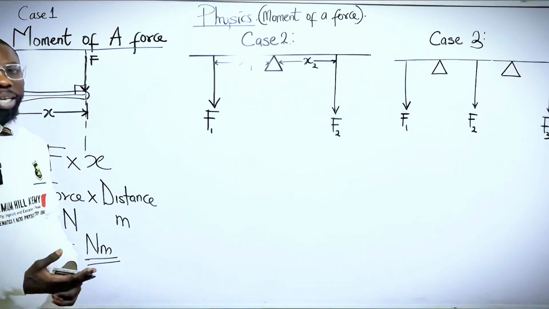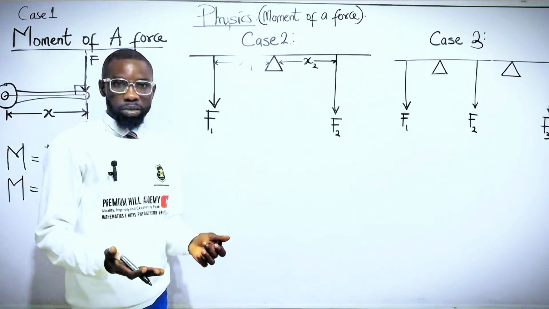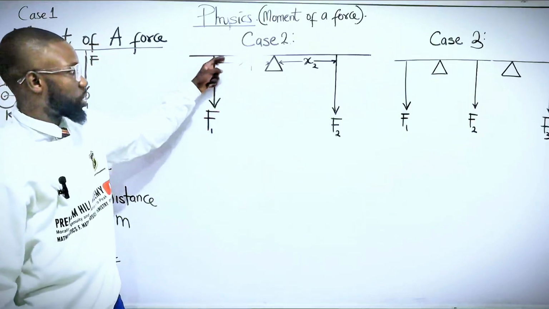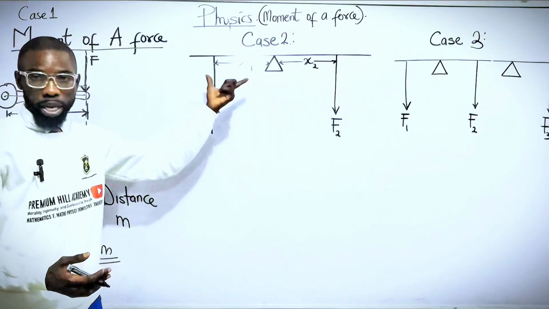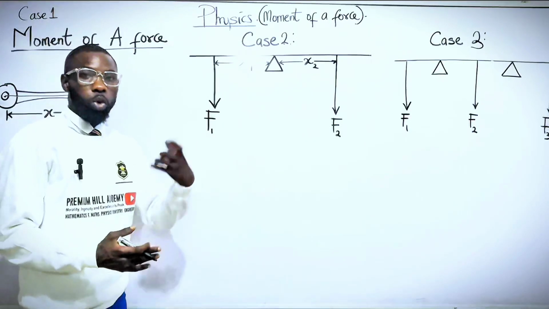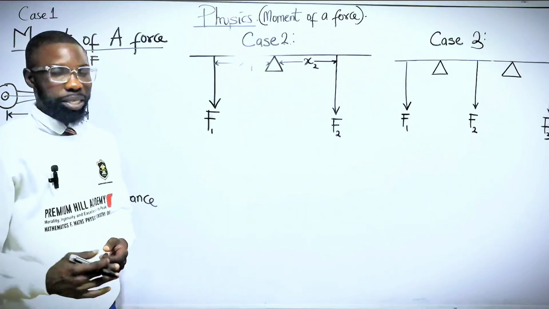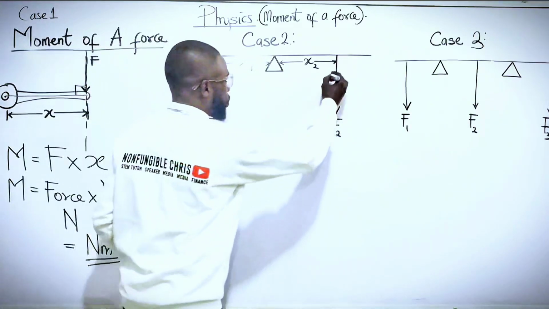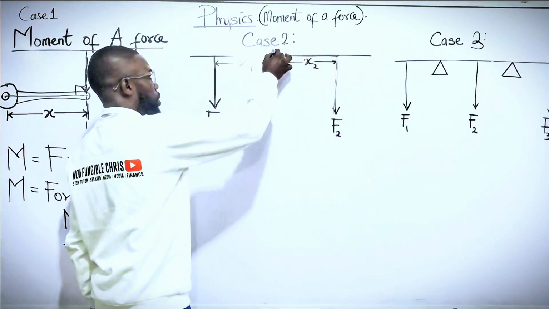Now for moment of a force as regards equilibrium of bodies, let's assume we're looking at the balance of this order. What it simply means in case 2 is that for equilibrium, we're looking at a formula called the clockwise moment equal to the anti-clockwise moment, right? It is the same thing as the force times the distance about this point.